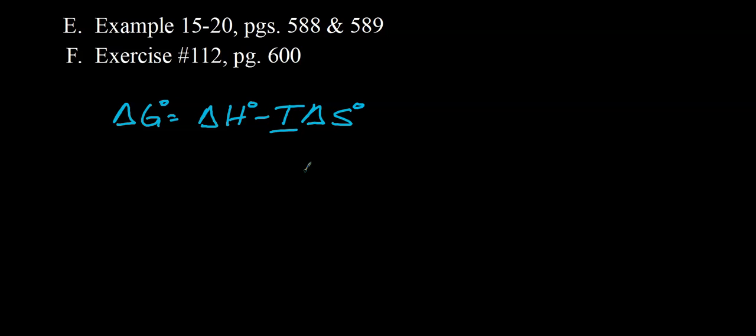So we got to convert that to kilojoules per mole Kelvin. So do that multiplication first. Do 298 Kelvin times 0.0249 kilojoules per mole Kelvin, and then subtract that from 180.5 kilojoules per mole, and we end up with an answer of, once again, 173.1 kilojoules per mole, just like what we got in 1519.